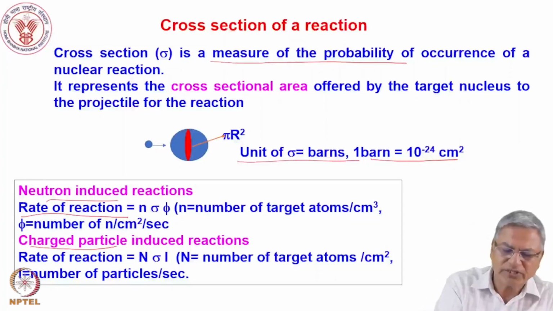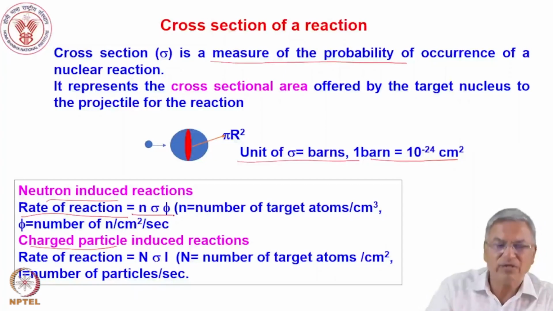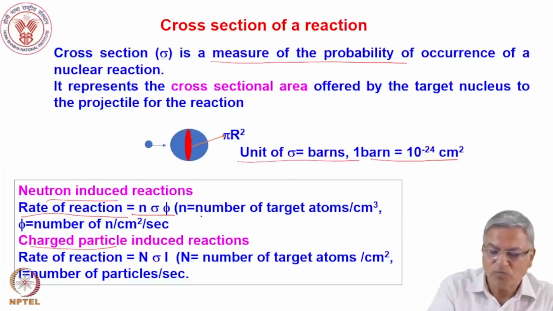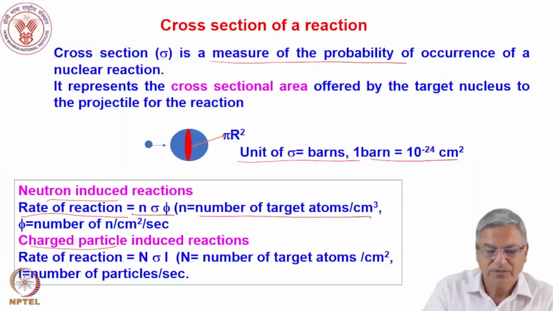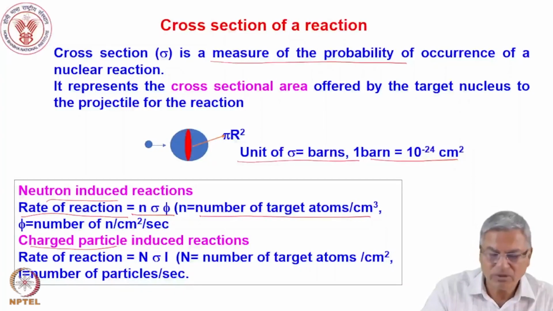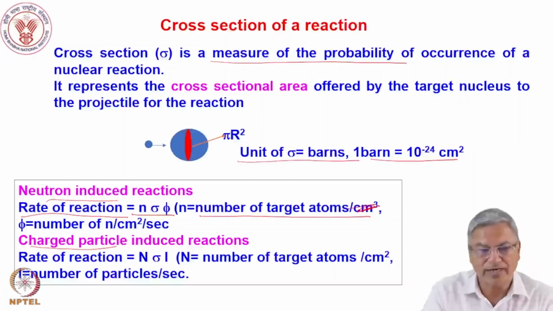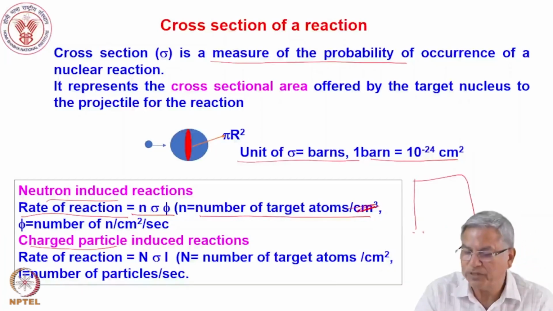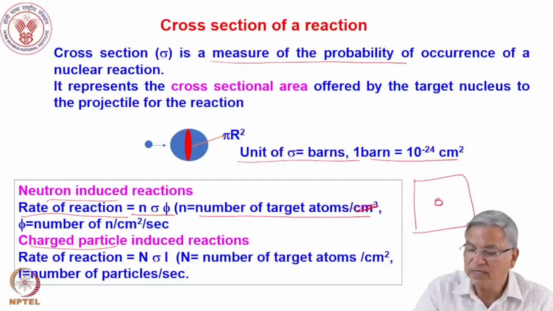So the rate of a reaction for neutron induced reaction is N sigma phi, where N is the number of target atoms per centimeter cube. In fact, actually it is not that way. It's the total number of target atoms. N is the total number of target atoms. Because in case of reactor neutrons, the entire target is exposed.